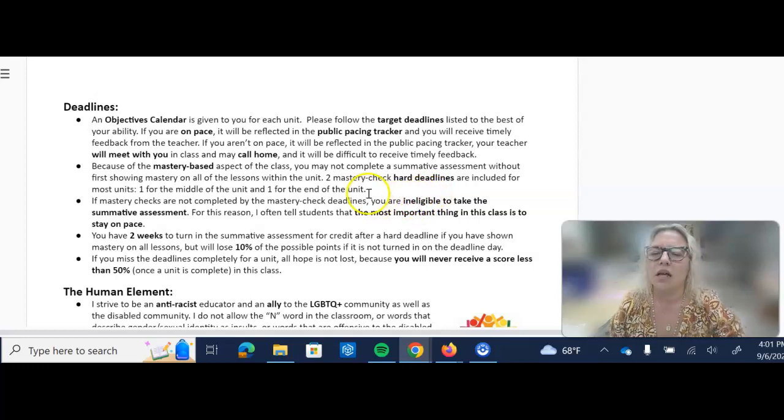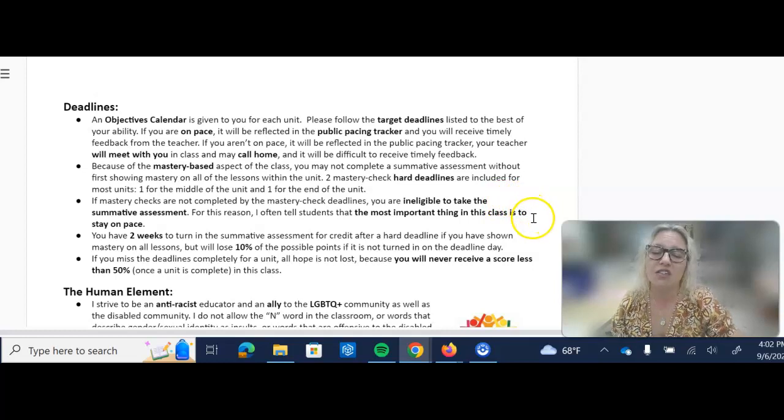All right, I've probably said this 100 times, but why not once more? Because of the mastery-based aspect of the class, you may not complete a summative assessment without first showing mastery on all of the lessons within the unit. Two mastery check hard deadlines are included for most units, one for the middle of the unit and one for the end of the unit. If mastery checks are not completed by the mastery check deadlines, you're ineligible for the summative assessment.